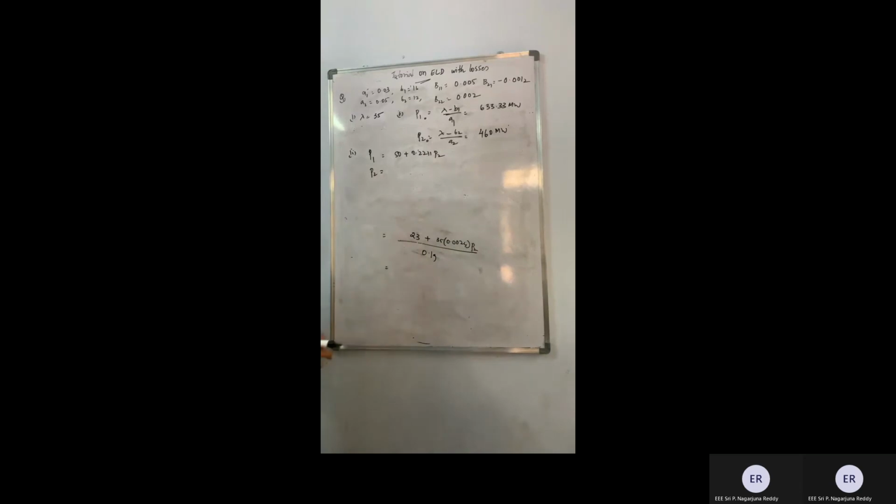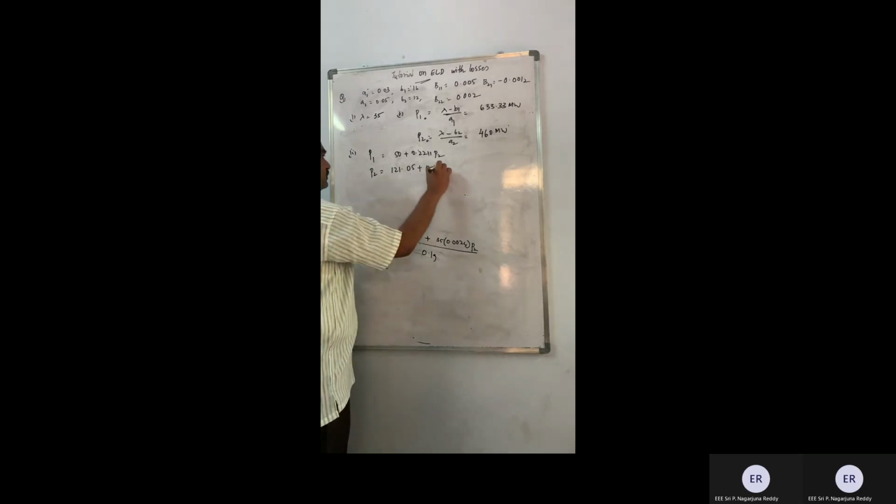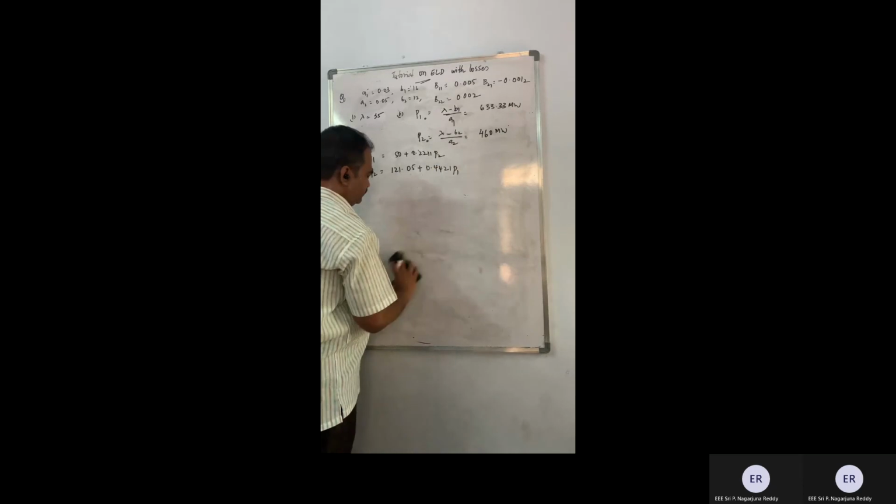It is 23 by 9.9, it is 121.05 plus 0.4421 P1. So these are expressions for P1 and P2, which we need for optimizing the things.